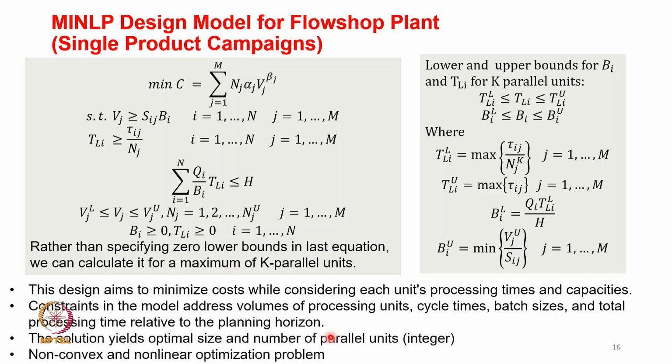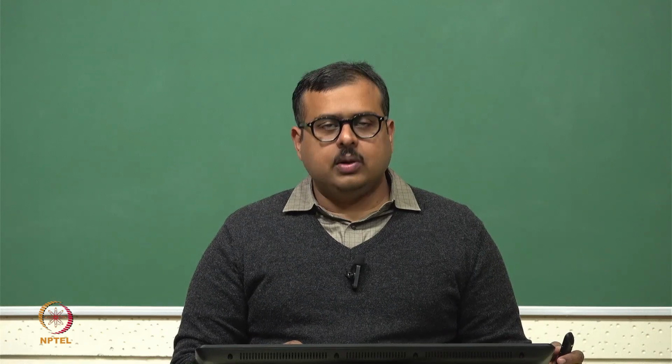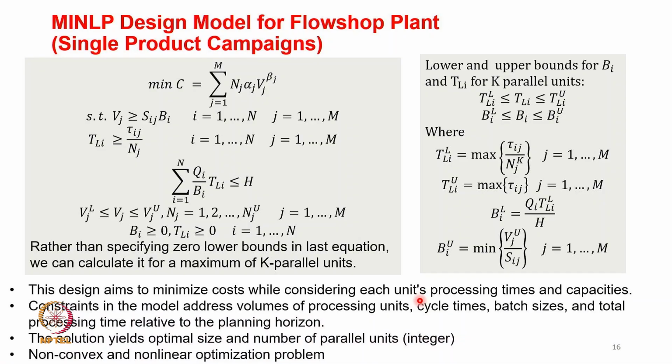So for this particular optimization problem, whatever we have seen graphically, we have now done a mathematical formulation of the same. If we solve this, I request you to recall the lessons of optimization that you have learned in your earlier classes. When we solve the MINLP problem, what is that solution?